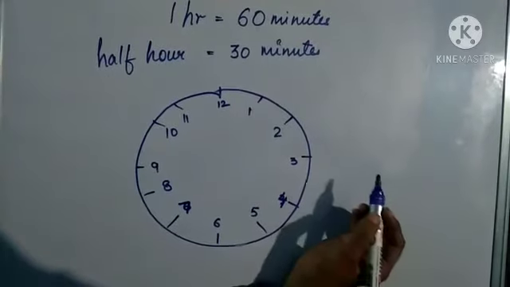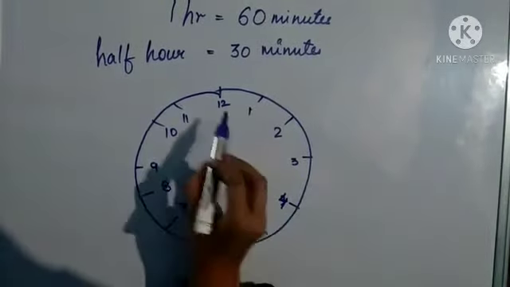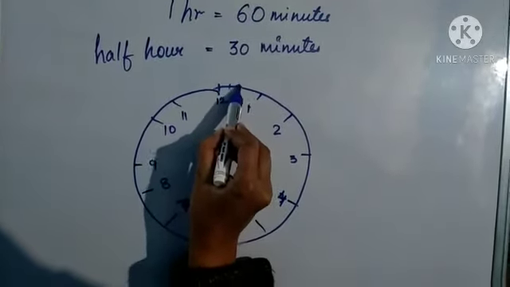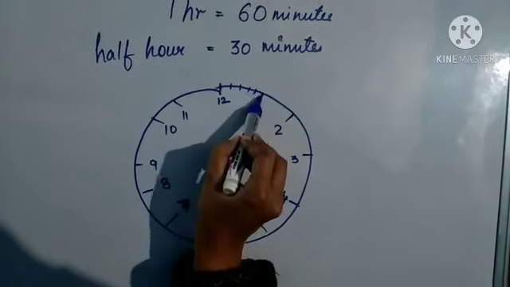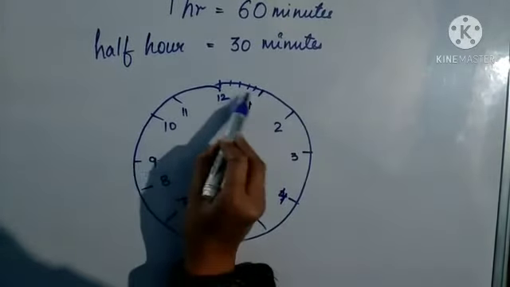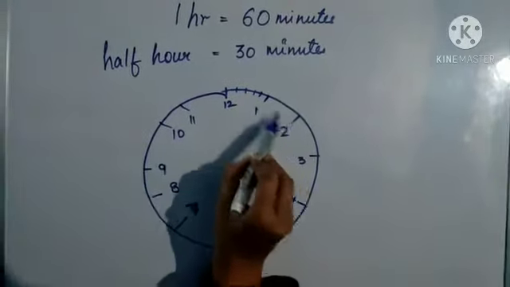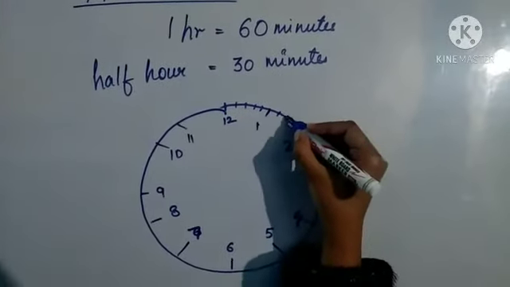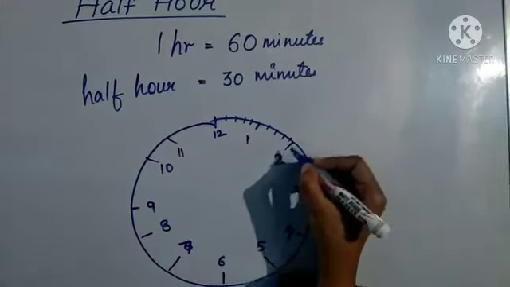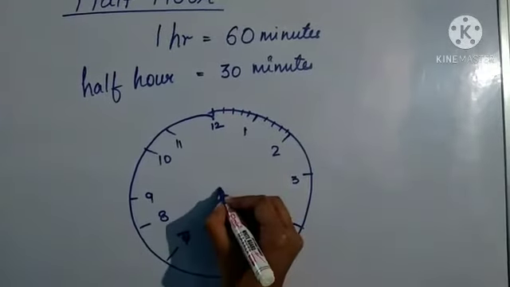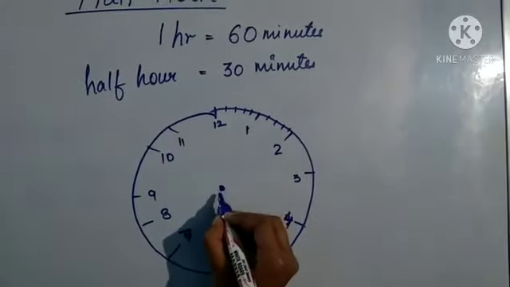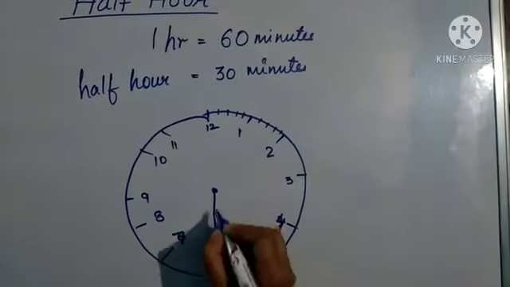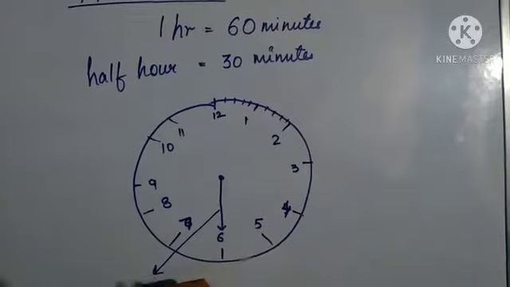I have told you in the previous video that between the numbers there are minutes: 1, 2, 3, 4 and 5. So there are 5 minutes between two numbers. So if our hand is pointing towards 6, and this is the long hand, that is the minute hand.